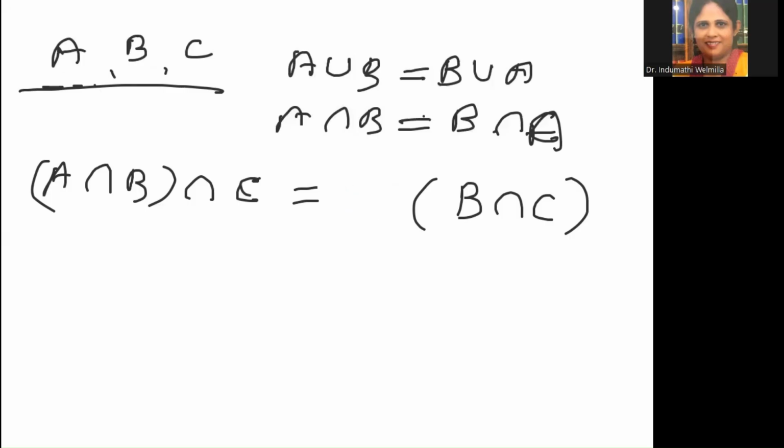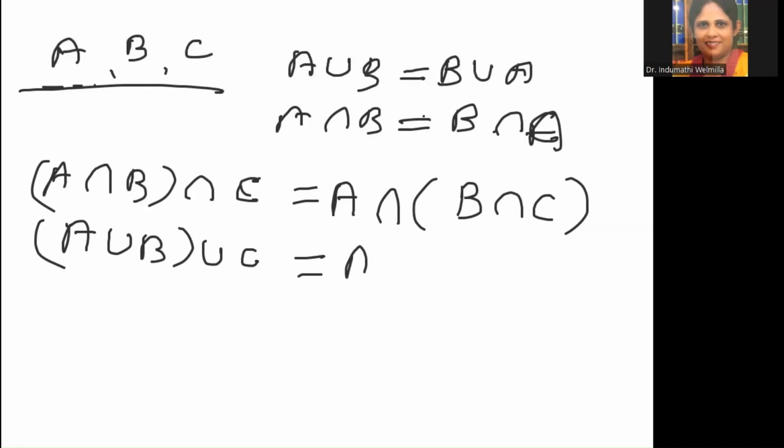And for that one we can explain the same for the union. That means the associative property. According to the associative property, if we have three sets A, B, and C, then we can say (A union B) union C always equals A union (B union C).